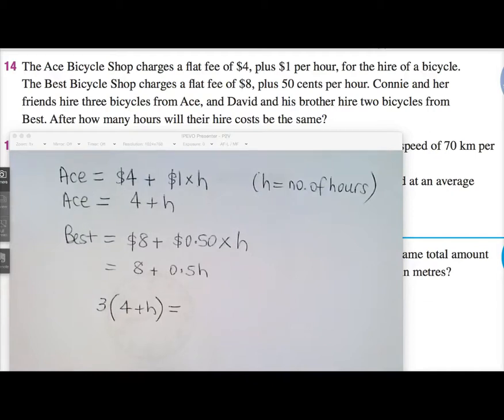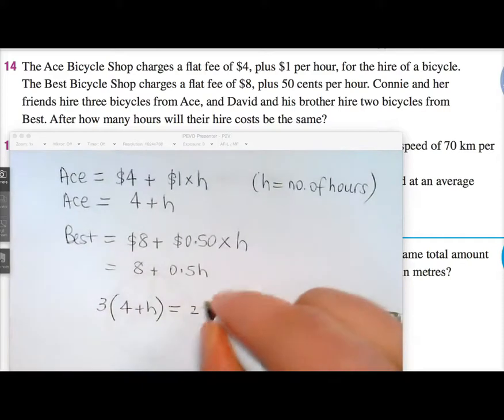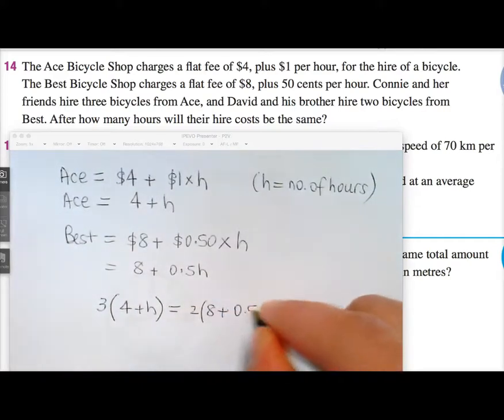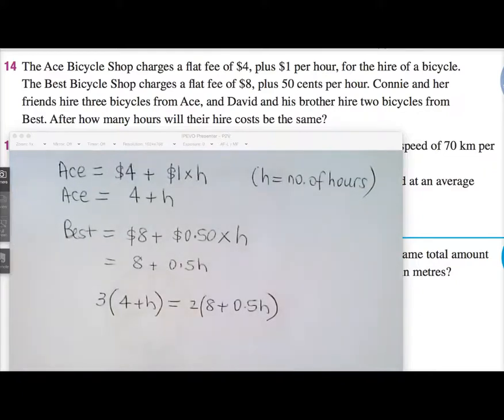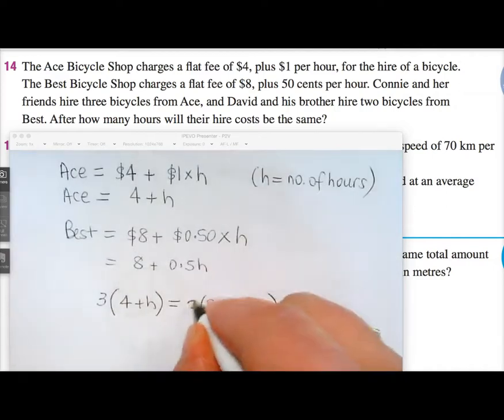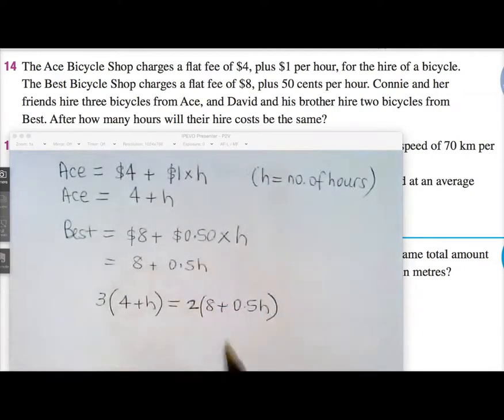What do I do now? 2 bracket 8 plus 0.5H. Okay, you know what to do? Expand. And what can you see is going to happen? You're going to lose the half, which will be good. So expand, girls, and solve.